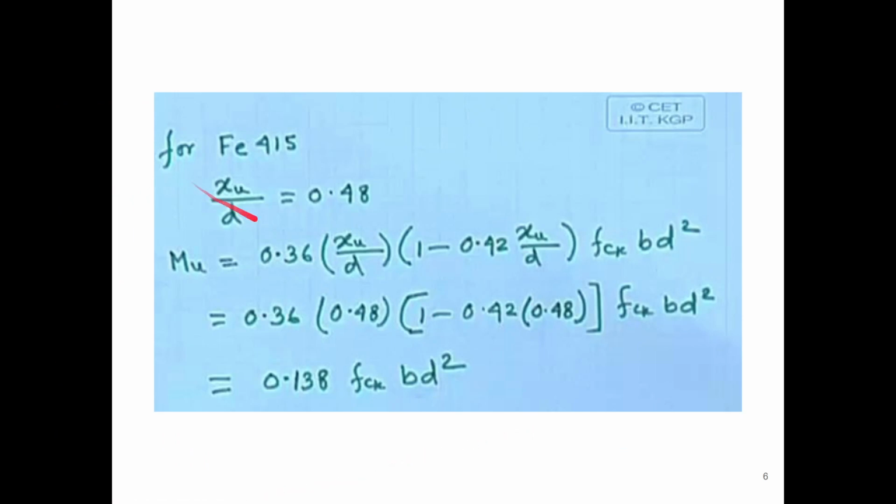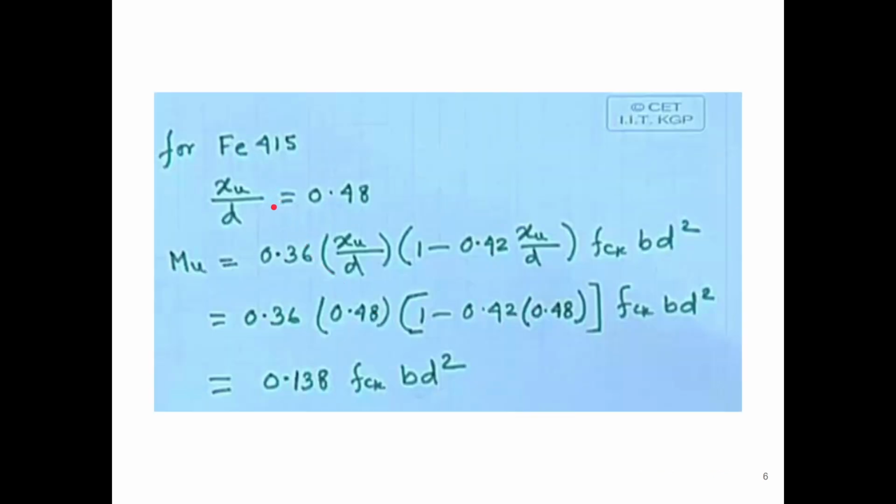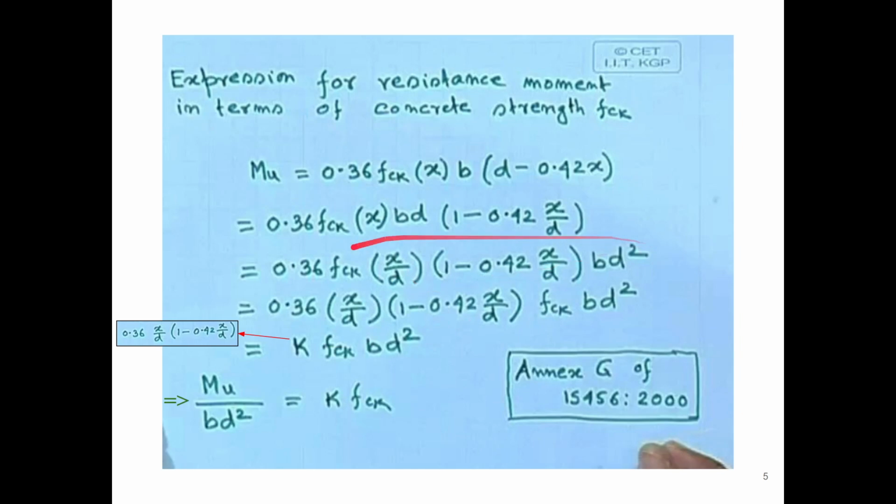The reason for deriving it in the form of x by d is to write the neutral axis x in terms of the effective depth. That's the concept, which is why we divide and multiply by d, the effective depth.